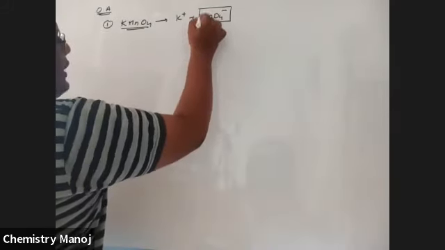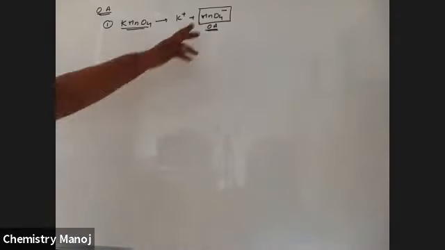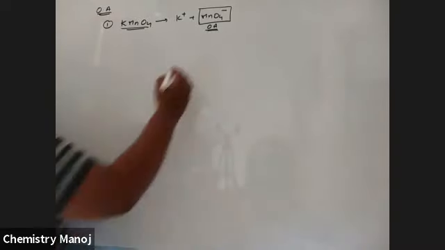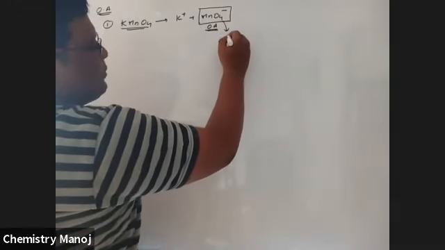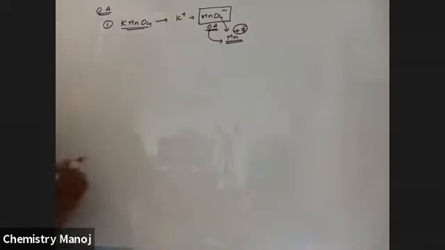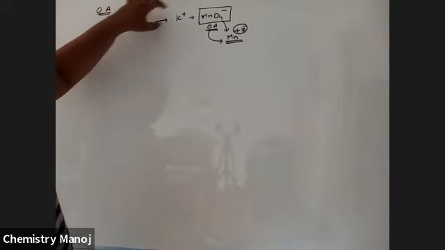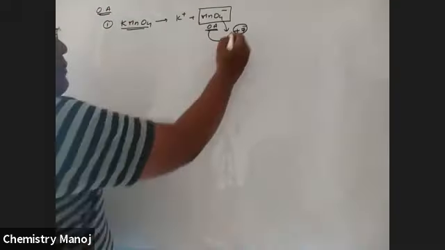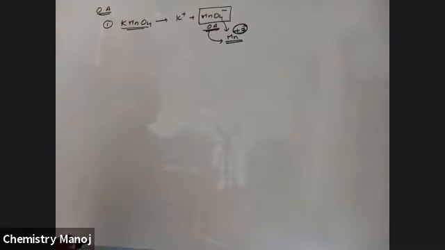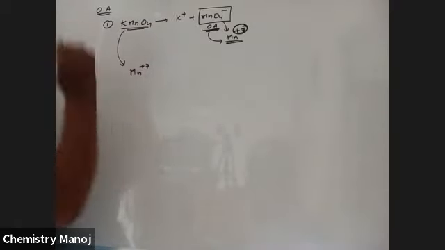This MnO4 - ion acts as the oxidizing agent, so I'm taking MnO4 - only, not total KMnO4. In MnO4 -, Mn is in the +7 oxidation state, and this Mn+7 acts as the oxidizing agent.